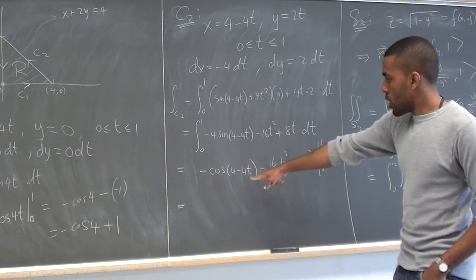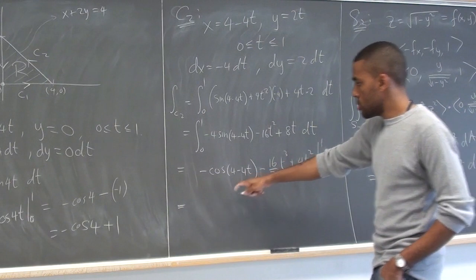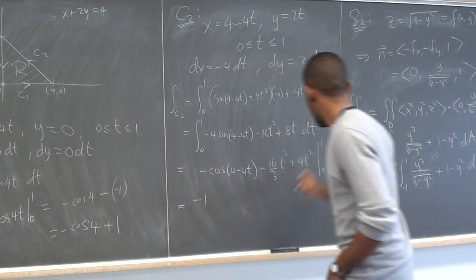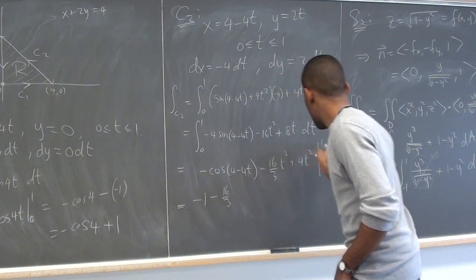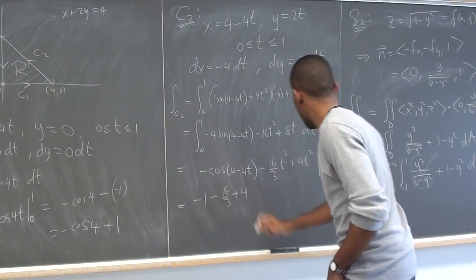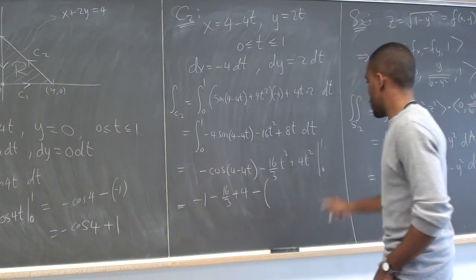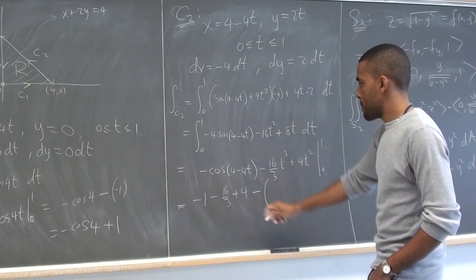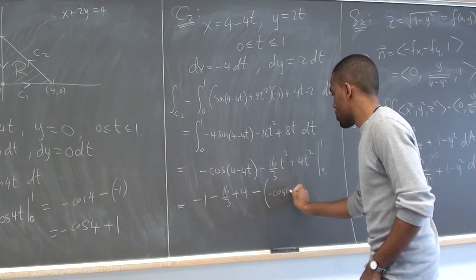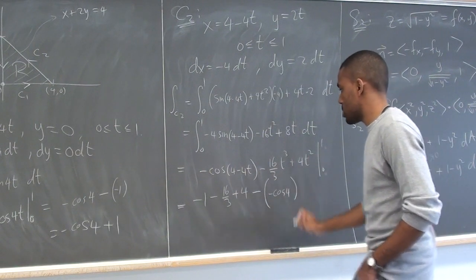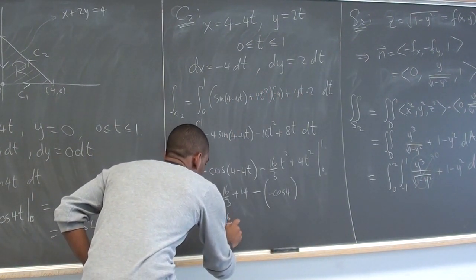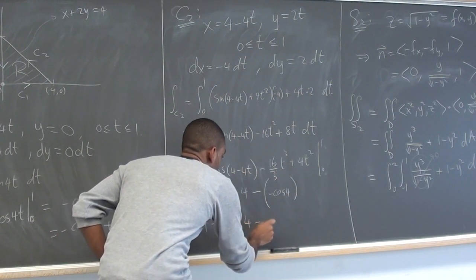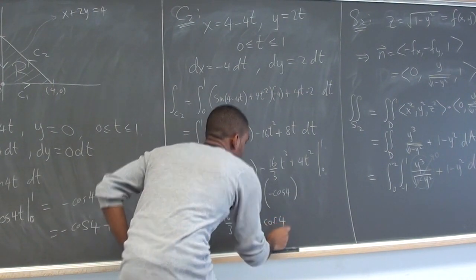So if I plug in 1, I get cosine of 0, which is minus 1. Plug in 1 here, I get minus 16 over 3, 1 here plus 4. When I plug in 0, I would get minus cosine 4, and then everything else is 0. So this part I get minus 1, minus 16 over 3, plus 4, plus cosine 4.